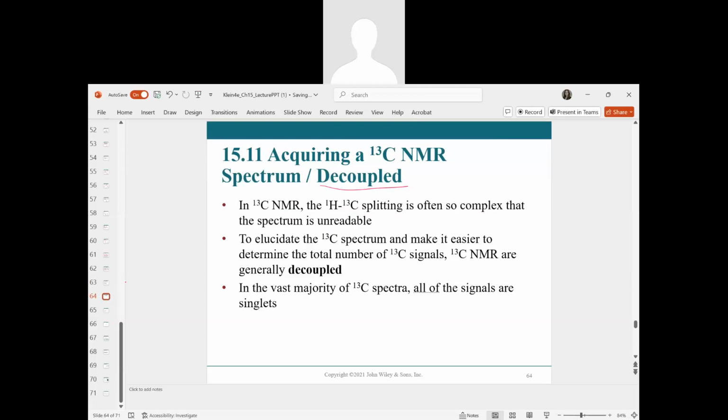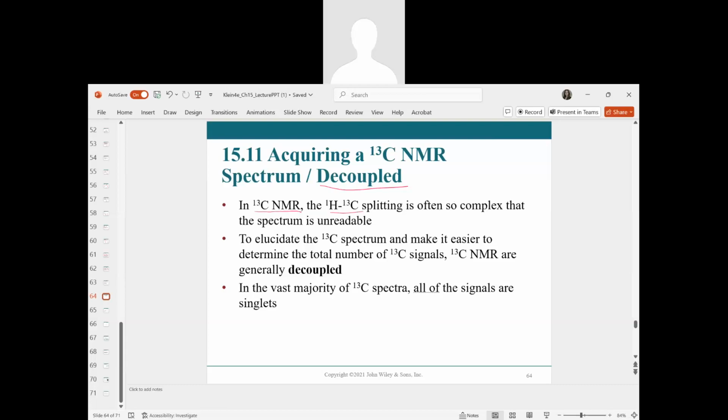For one, we don't really see coupling between two carbon-13 atoms because they are so rare, only 1%, as we mentioned. The likelihood of two carbon atoms being carbon-13 isotopes and being within proximity of each other is rare, so we won't see coupling there.